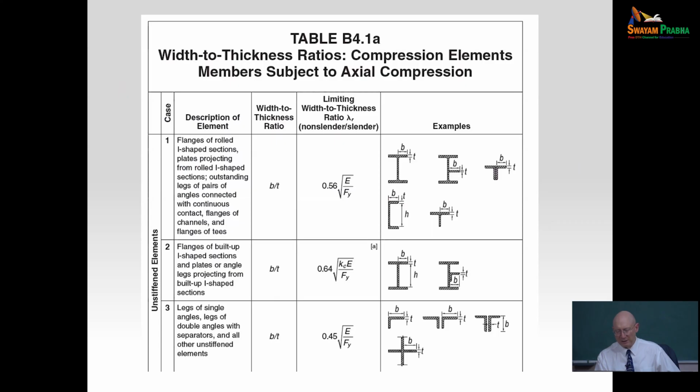So this is looking at the case with flanges, and when are flanges slender or non-slender. Slender means it's susceptible to local buckling before we can get to the yield load, and non-slender meaning no, we don't need to worry about any local buckling even before getting up to the full yield of the cross section.